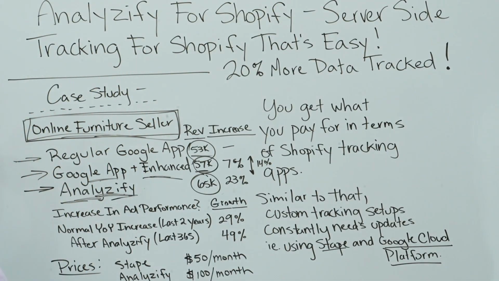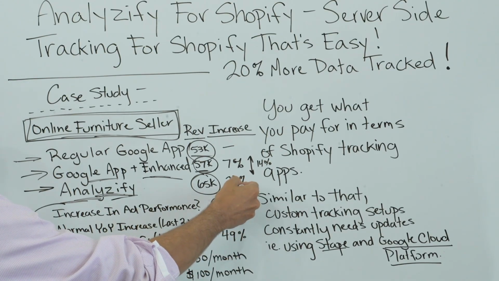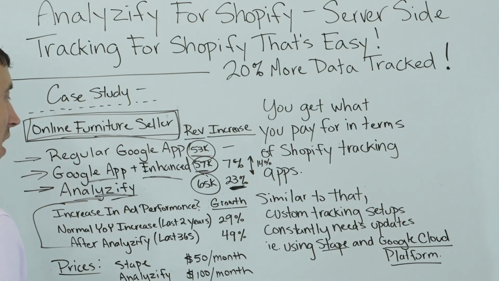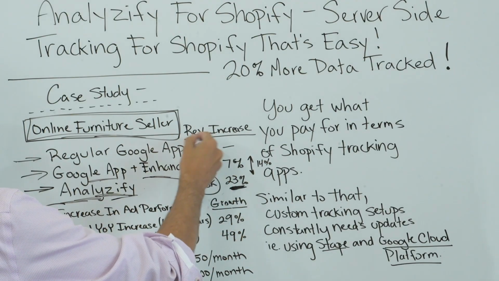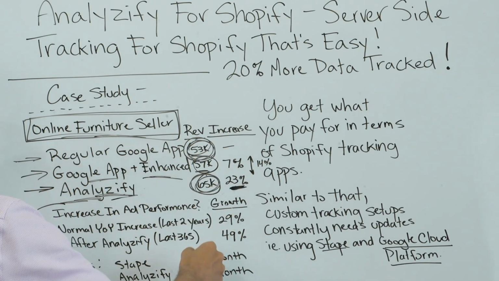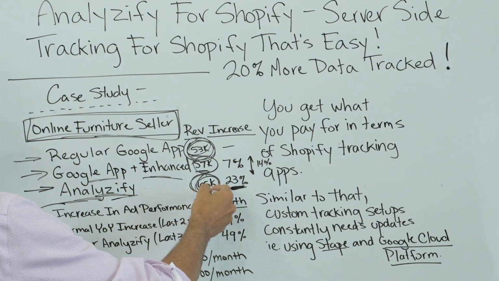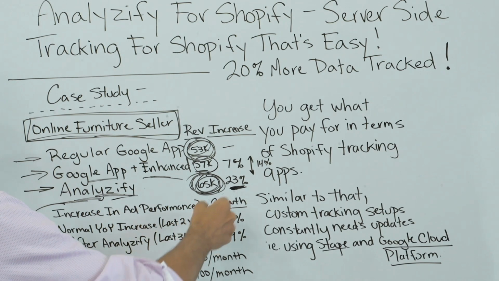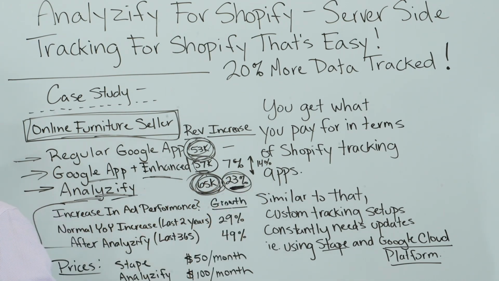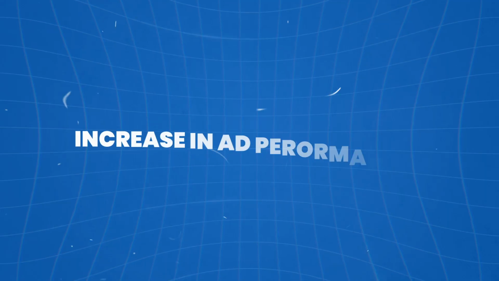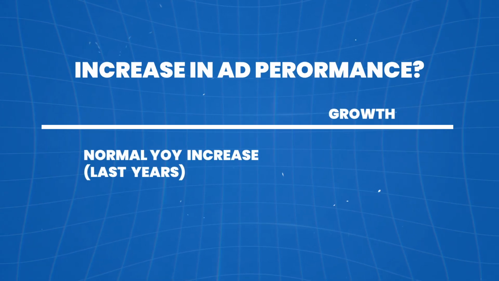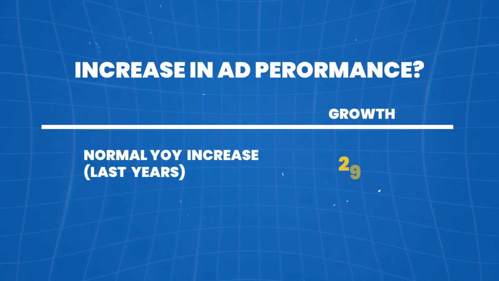With that said, in terms of the results, this furniture seller saw a 23% increase in revenue, or trackable revenue itself. We went from the Google and YouTube app tracking without enhanced conversion tracking to the Analyzify server-side tracking, which gives us 23% more revenue tracked, of which our normal year-over-year increase the last 2 years running was 29%.